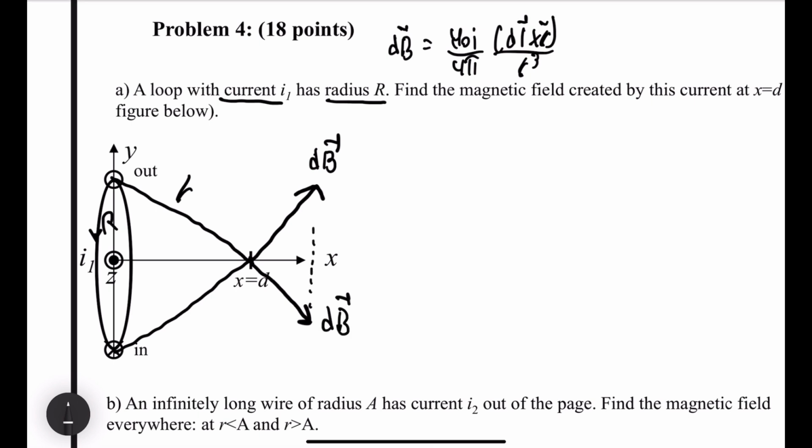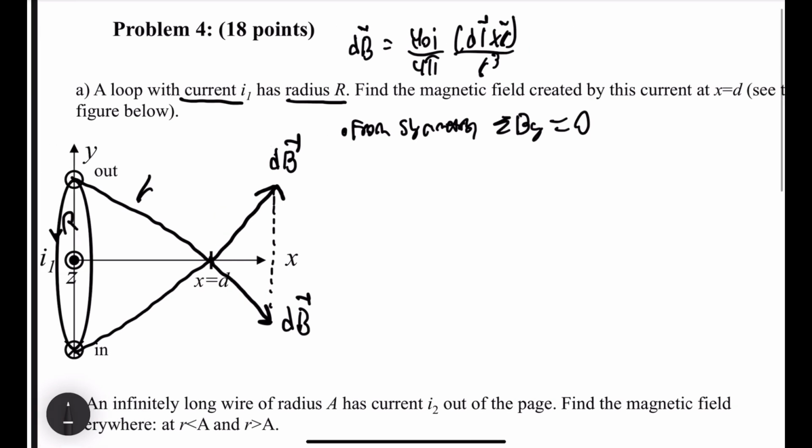So we can see here that from symmetry, the sum of the magnetic fields in the y direction this time are equal to 0. So we only need to worry about the magnetic field in the x direction.